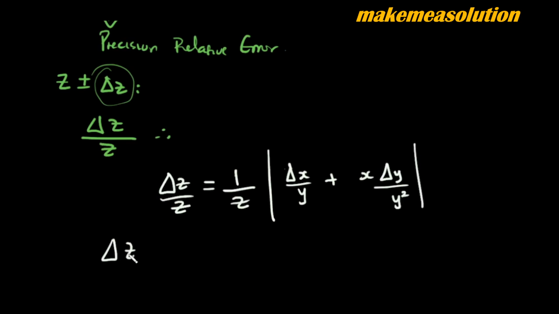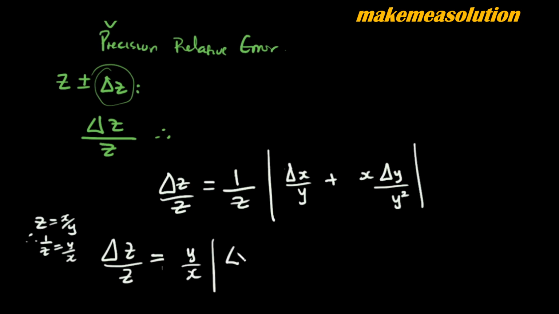So delta z over z is equal to 1 over z, sorry, I was trying to write that z is equal to x over y. So therefore 1 over z is equal to y over x. So delta z over z becomes y over x multiplied by delta x over y plus x delta y over y squared, like this.